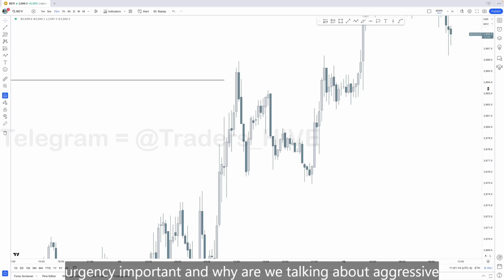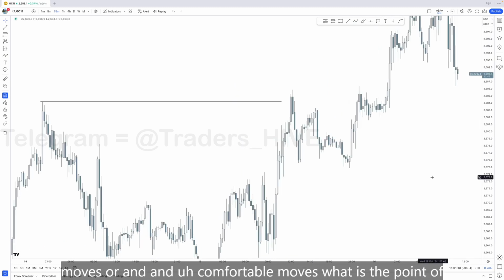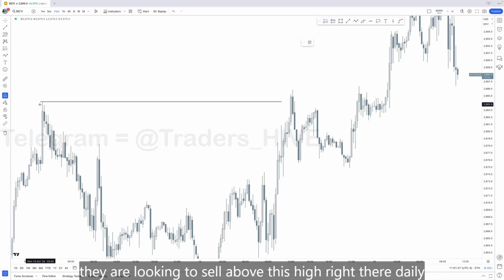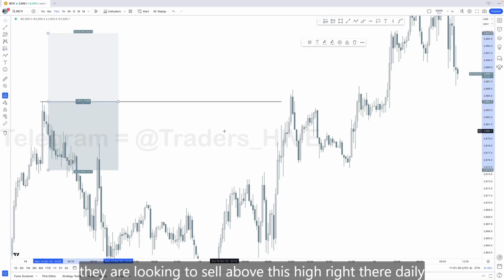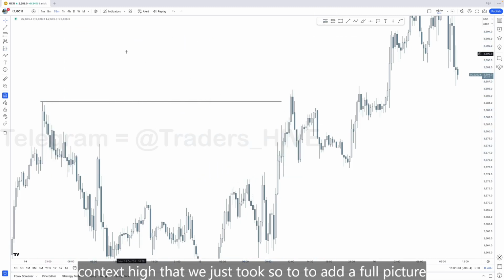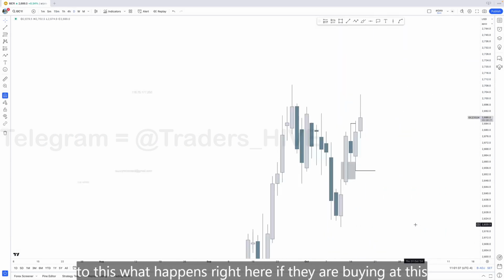Now, why is this urgency important, and why are we talking about aggressive moves and comfortable moves? What is the point of this? Well, if they are offloading positions, and let's say they are looking to sell above this high right there, the daily context high that we just took. So to add a full picture to this, what happens right here?